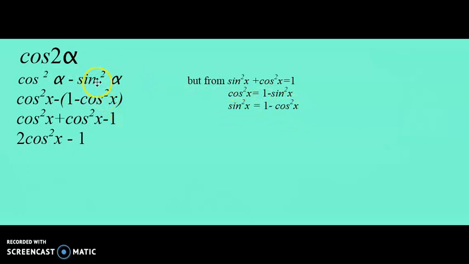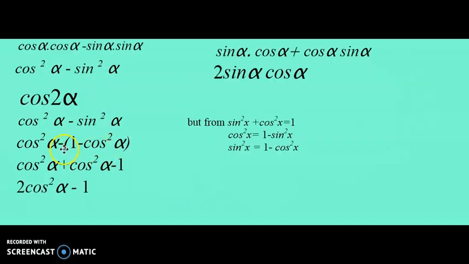So I can substitute sine square alpha with 1 minus cos square alpha. Now that I've substituted, a minus times a minus is a plus. So I'm sitting with cos square alpha plus cos square alpha. That gives me 2 cos square alpha minus 1.